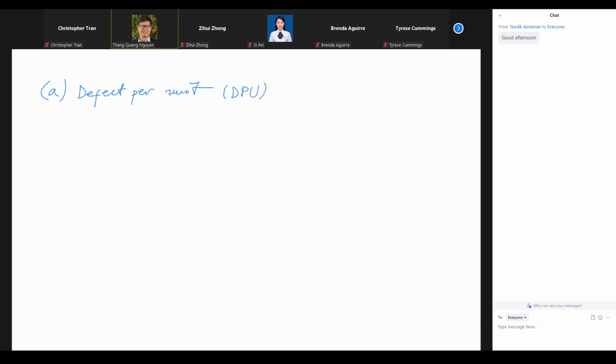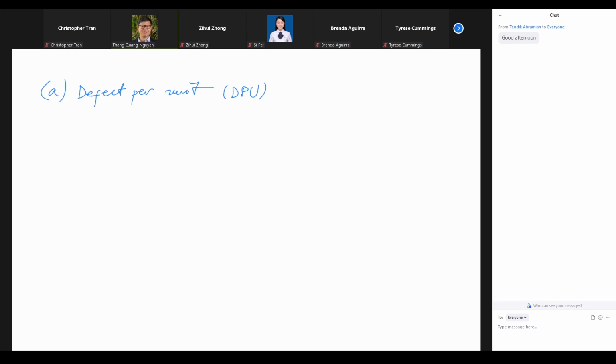Defect per unit means that out of this unit, how much of that unit is defective. But later on, we can broaden it to say, out of 100 units, how many of them are defective? So in a sense, the defect per unit and the defect probabilities, or the percentage of defects, are the same. So let me show you the equation for this.